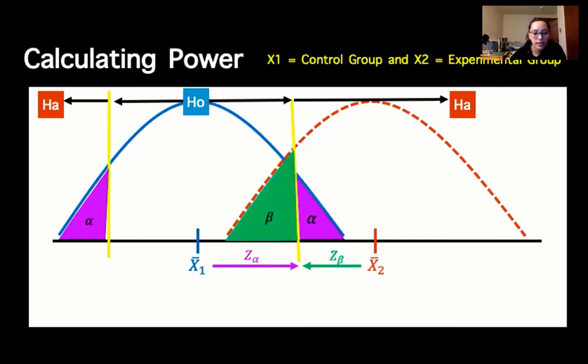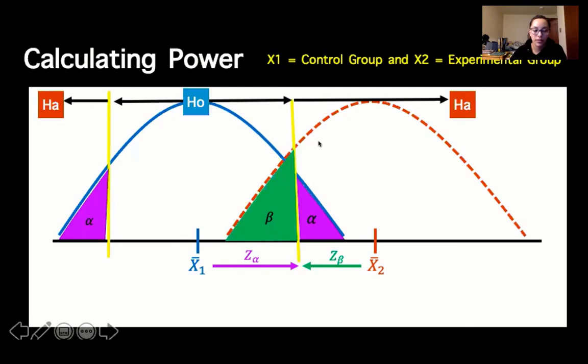The distance from this sample mean to wherever the boundary of alpha was on our control group also has a z-score, and that's going to be the z for beta. So beta, again, is our chance of type 2 error. You can see how the trade-off exists between these two. If we increased alpha, that means we're technically moving this yellow line inwards, which decreases the area of beta.